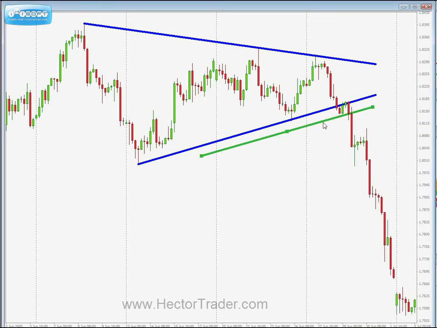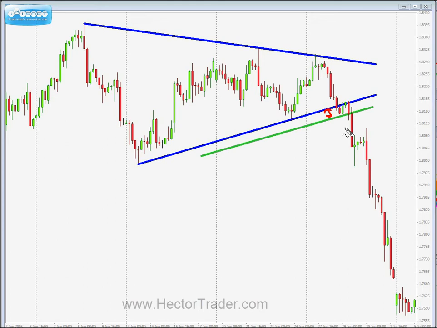In our broker we would place a sell stop order a few pips below the triangle bottom, let's say 10 pips, 20 pips, depending on the time frame. Of course, if it's the daily chart, we need to give it a little bit more breathing room. If it's the 15-minute chart or the 30-minute chart, if we are trading a very intraday type of trade, that would only be a few pips, perhaps 5 pips.